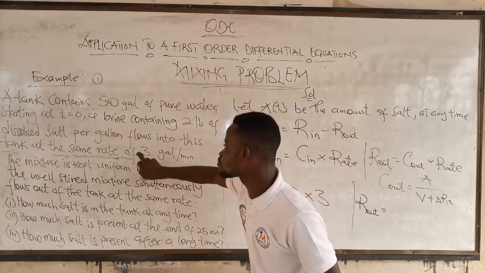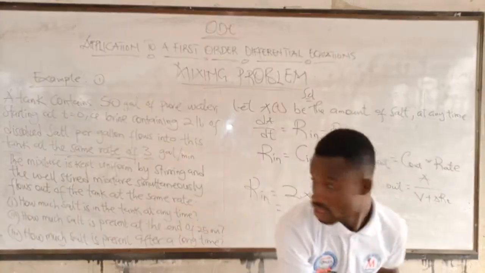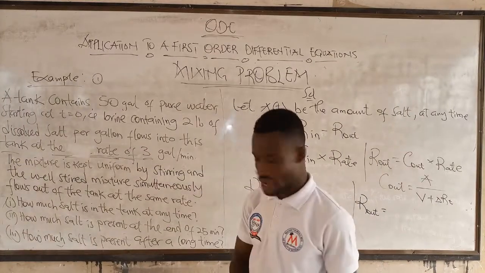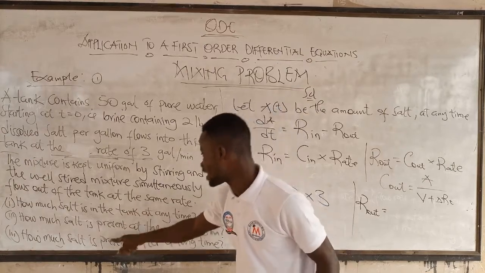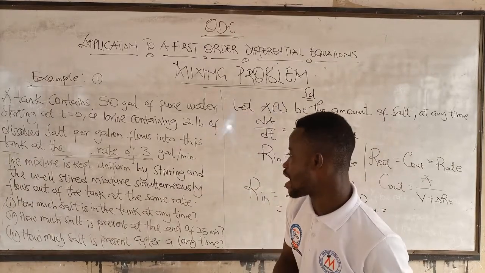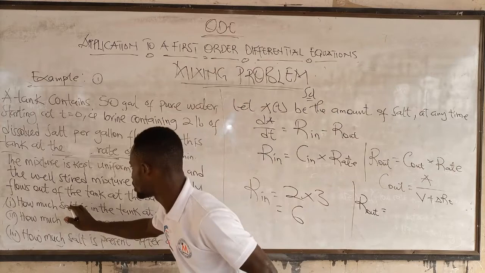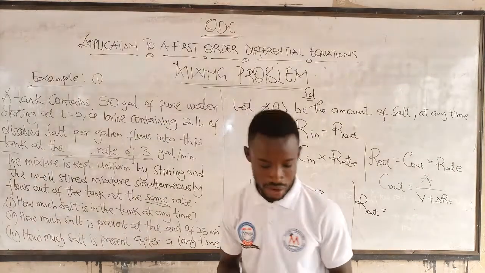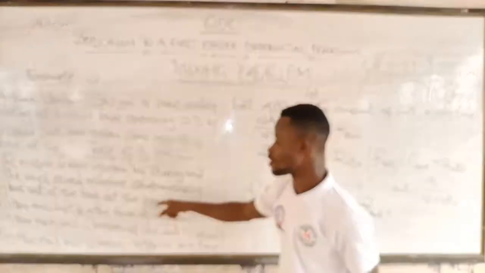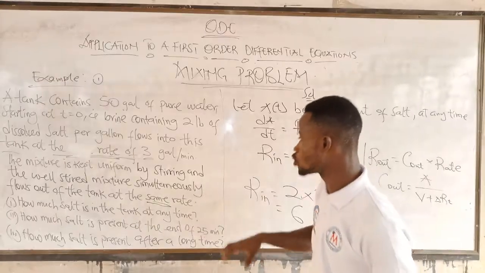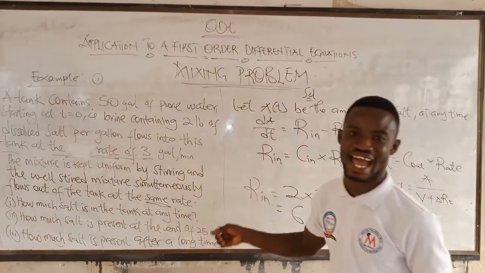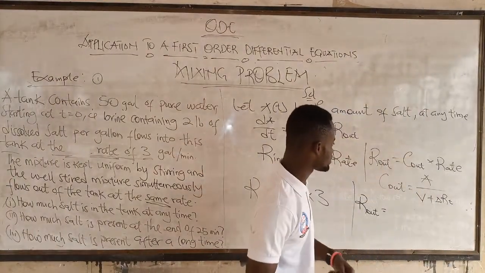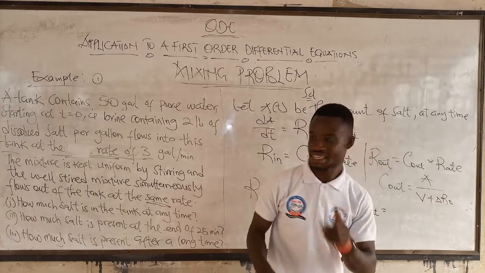So when it comes to the outflow, it says the same rate. For the outflow, the rate is unknown, but it is specified here that it is the same as the inflow. So that is telling us that the rate here is 3.